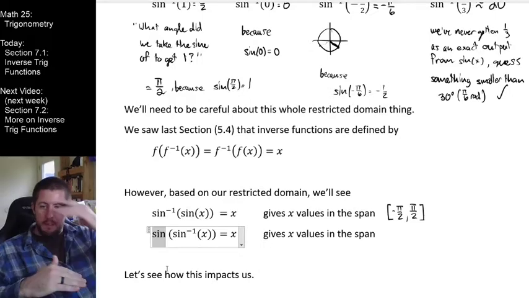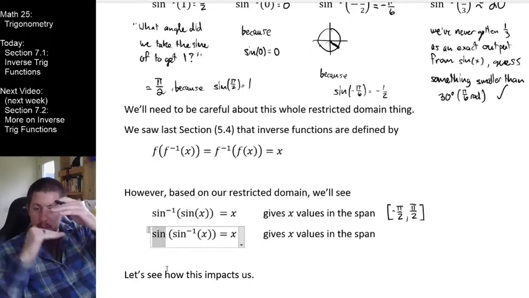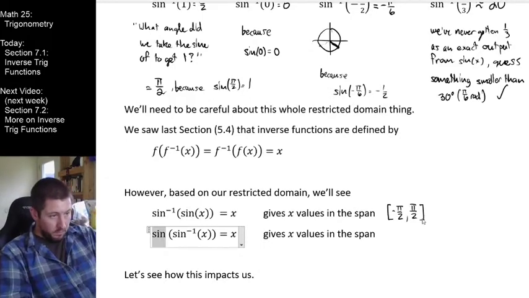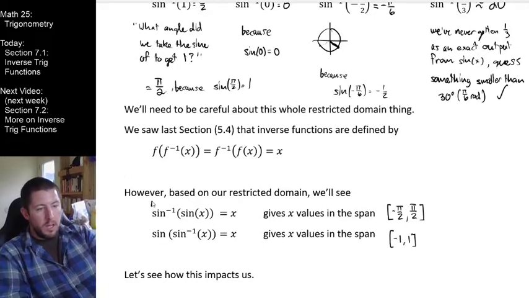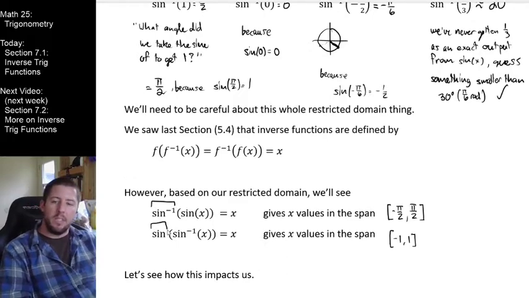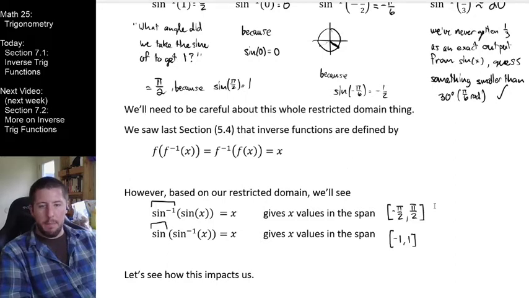What outputs do we see from the sine function? Well, it goes from -1 to +1. So if we compose them in this order, it's a different type of restriction that we're going to see right here. This is going to go from -1 to +1 because the outermost function is the last thing that we do. And so it is going to sort of be the decider as to what type of outputs we are going to end up experiencing.